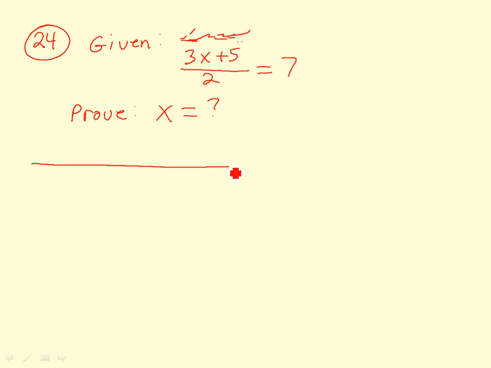As you're doing a 2-column proof, I think you guys said you called these T-charts. This column is always going to be labeled statements. This column is always going to be labeled reasons. Getting any of this?